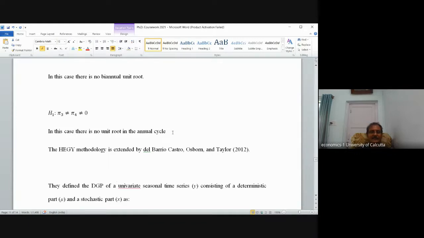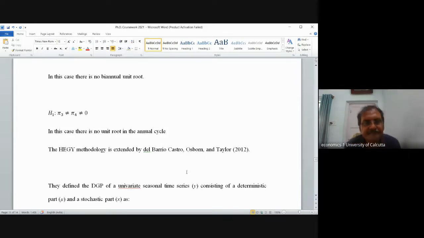So these are the hypotheses considered in the HEGY test originally. Later on, this test was developed further by many authors.